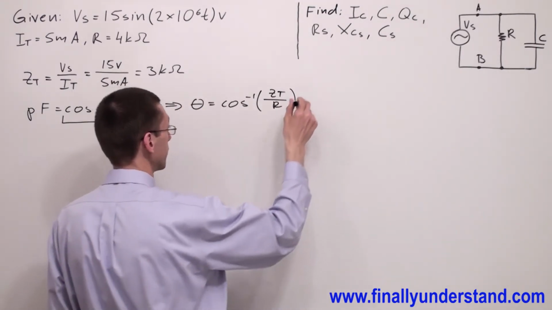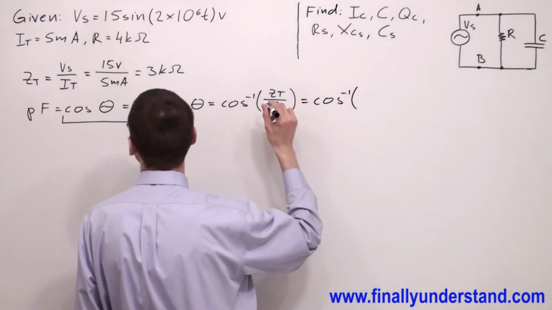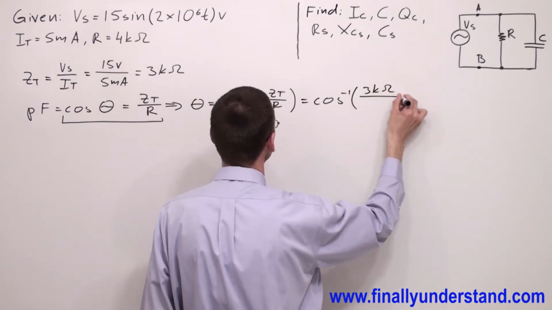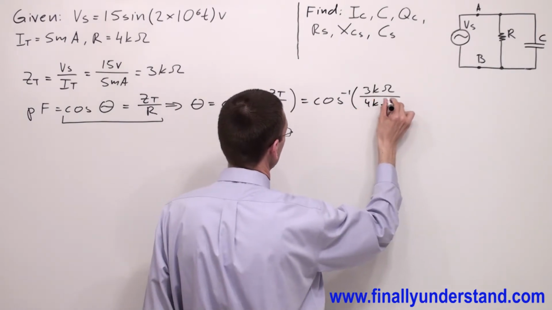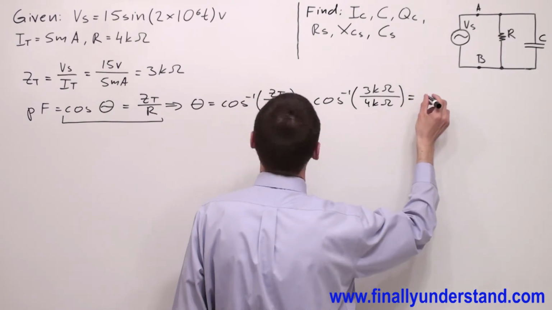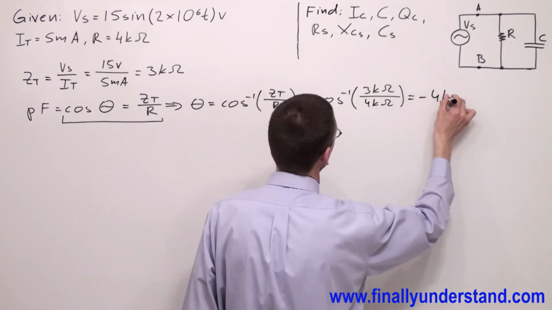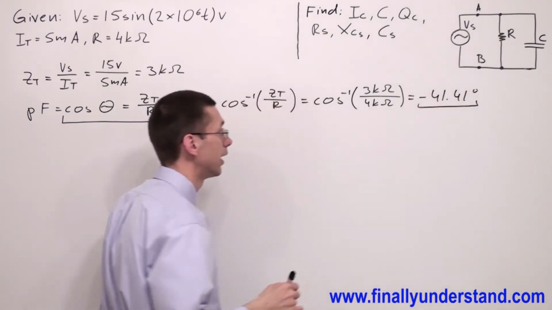So next, I have inverse cosine and Z total is equal 3 kiloohms over resistance, which is equal 4 kiloohms. This is equal negative 41.41 degrees. This is my angle.